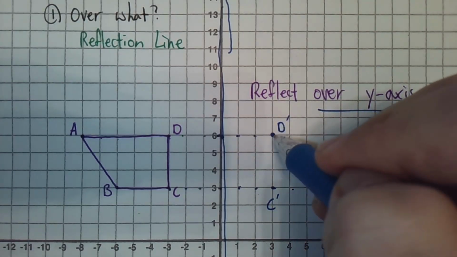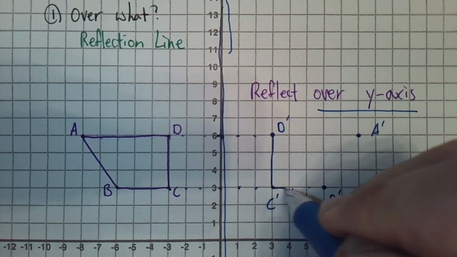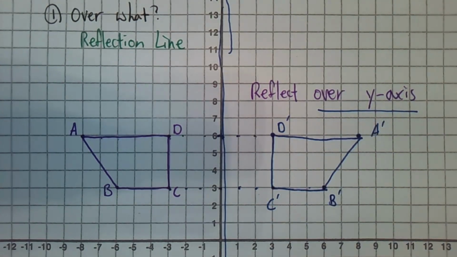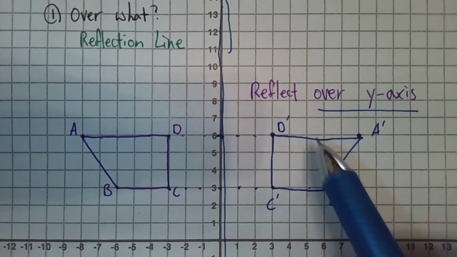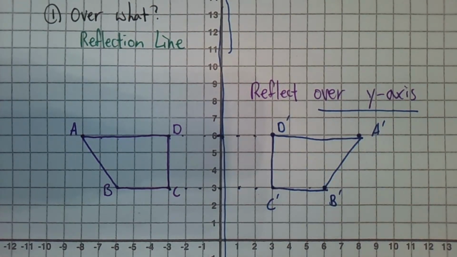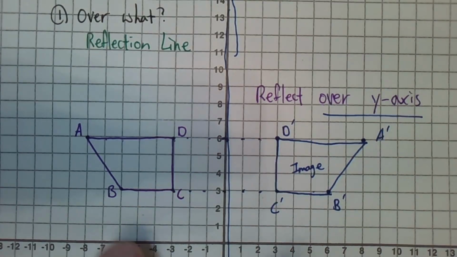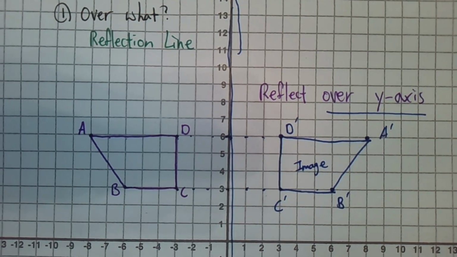After that, I simply need to connect the dots to complete the reflected trapezoid. A little crooked, but it's okay. So I have some kind of mirror image right here. This is the image, and the purple one is the original shape.